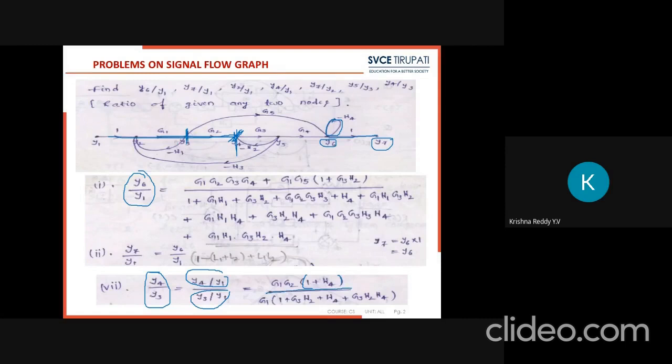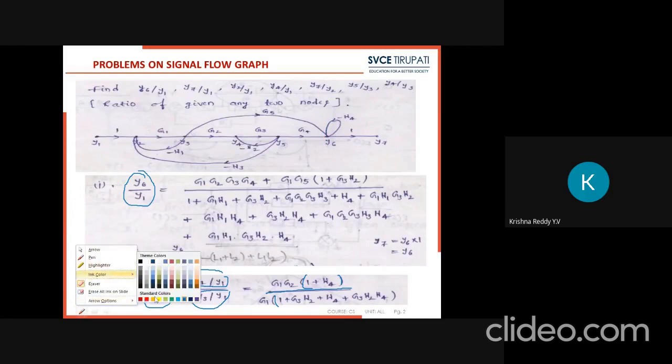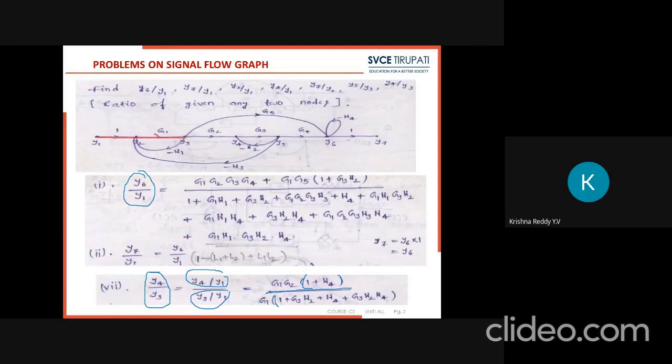up to y3. How many forward paths? We have only one forward path, G1, into, for this forward path, you can see how we are calculating delta 2. If you take this forward path, this is P2 equal to G1.